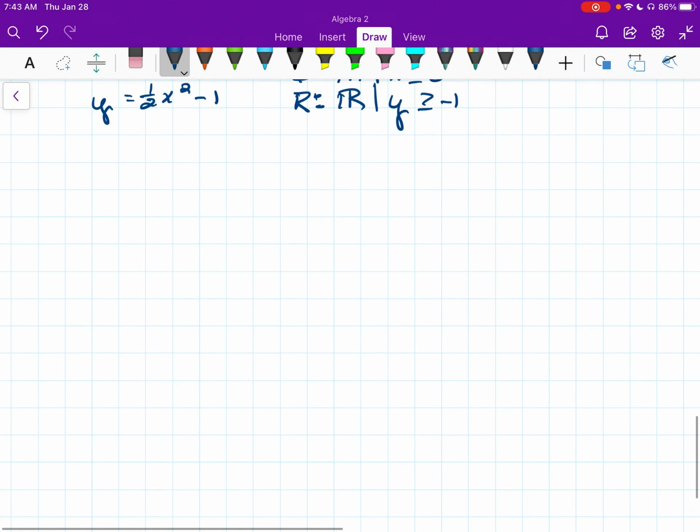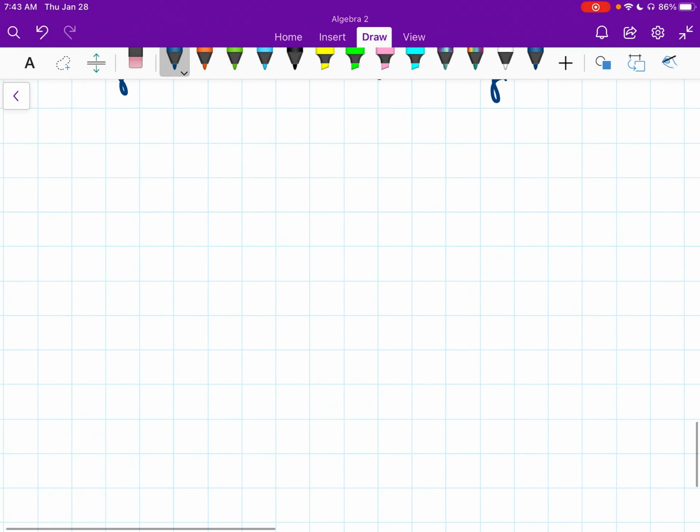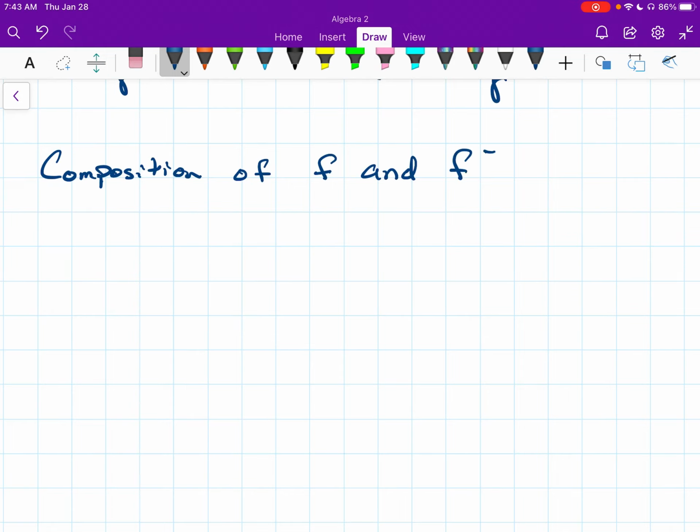All right. Next up, we have composition of inverse functions. Composition of f and f inverse. F of f inverse of x is x.